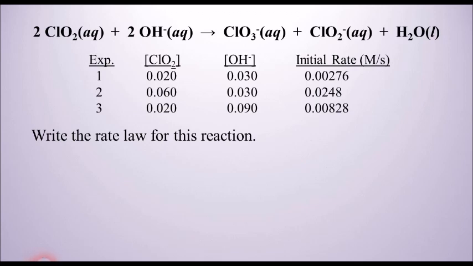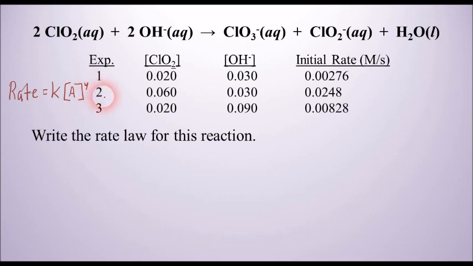Now the rate law for pretty much every reaction has the same format. It's always going to be written as rate, you always write the word rate, equals K, which is something we call the rate constant, times the concentration of the first reactant, I'll just call it A, raised to a power, the order, which we can call maybe Y. And we do that for all of the other reactants as well.